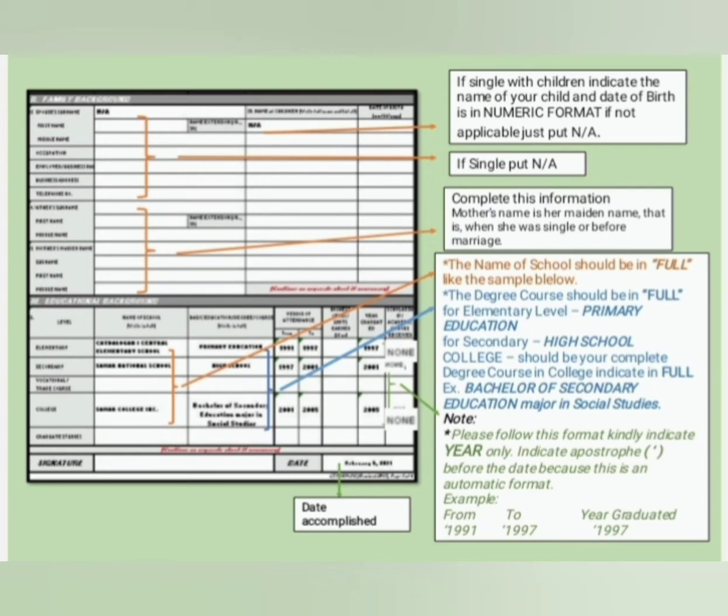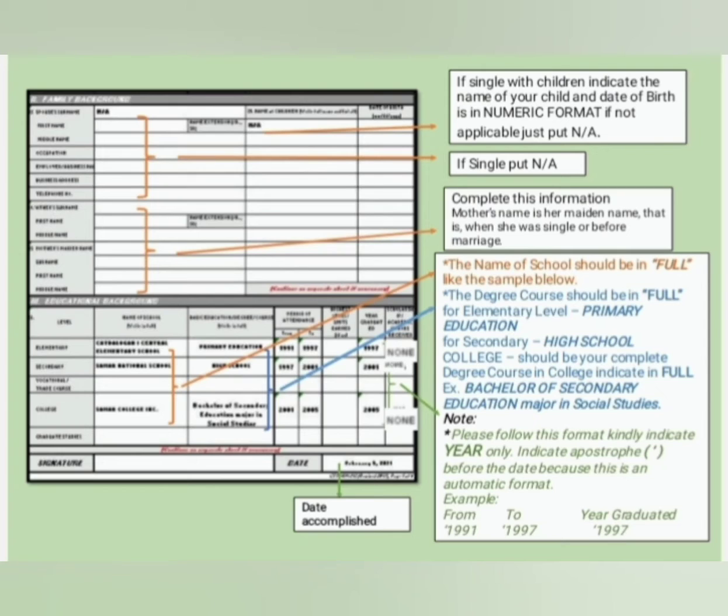And then the college, you should indicate the full degree or course. For example, Bachelor of Secondary Education, major in Social Studies, not BS Ed Soc Stud. And if you are second courser or unit earner, you should indicate your baccalaureate and then the educational course.